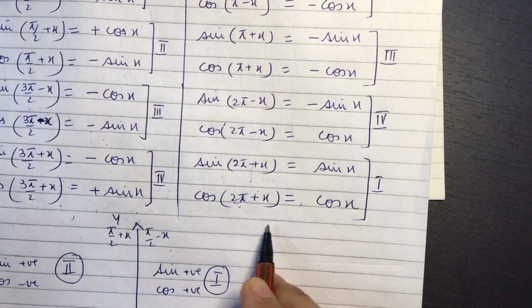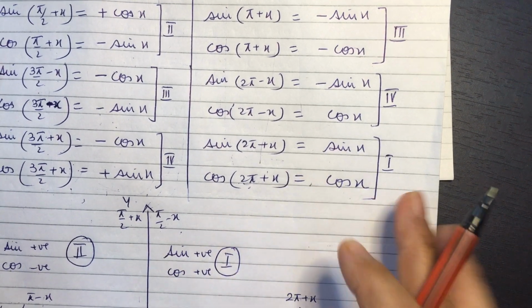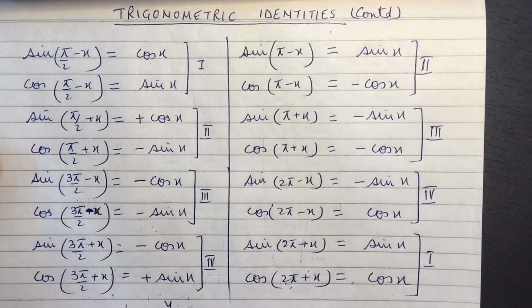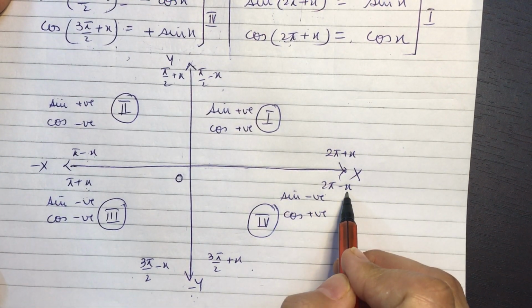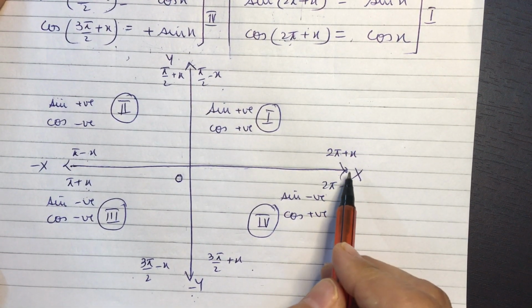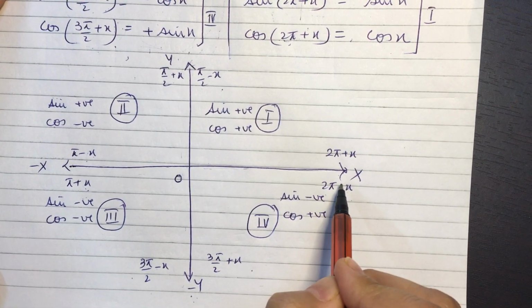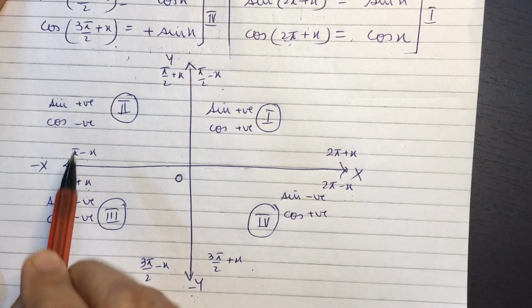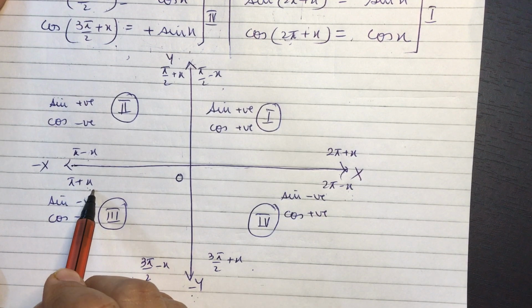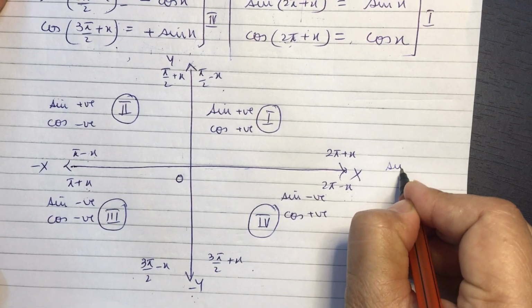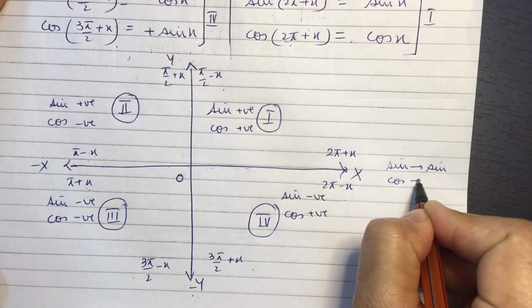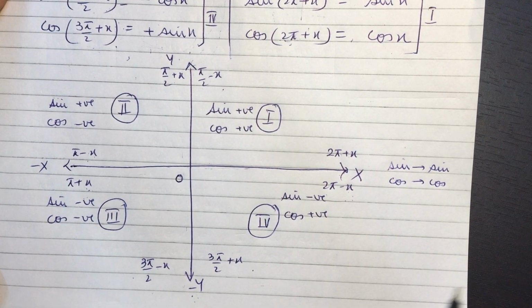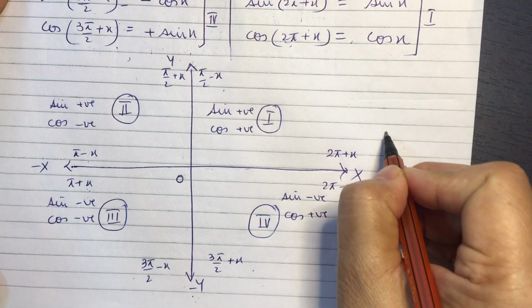And with this we arrive at a very, very important result or analysis: about the x-axis, that is when theta or the angle is equal to 2 pi plus minus x or pi plus minus x, sine remains sine and cos remains cos.